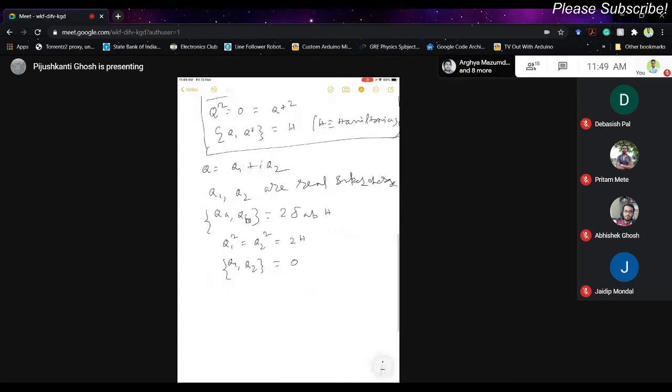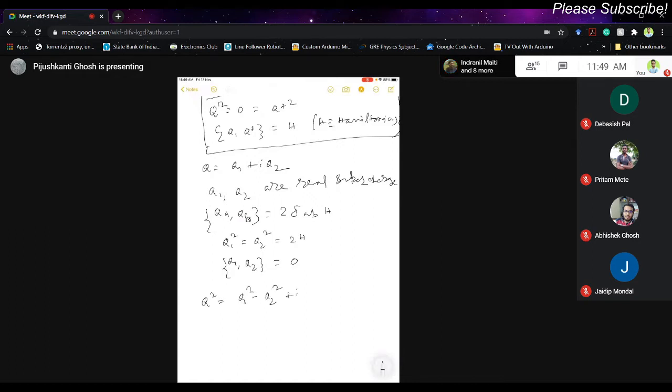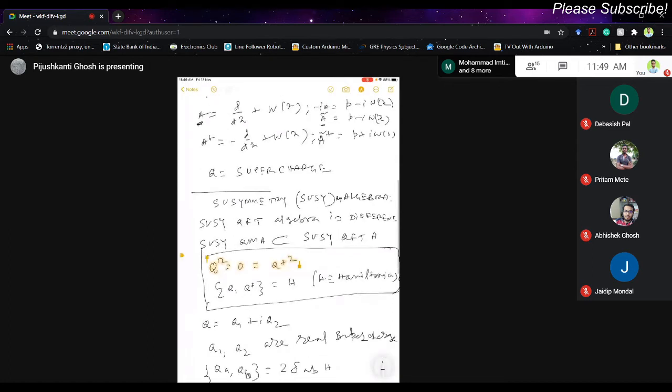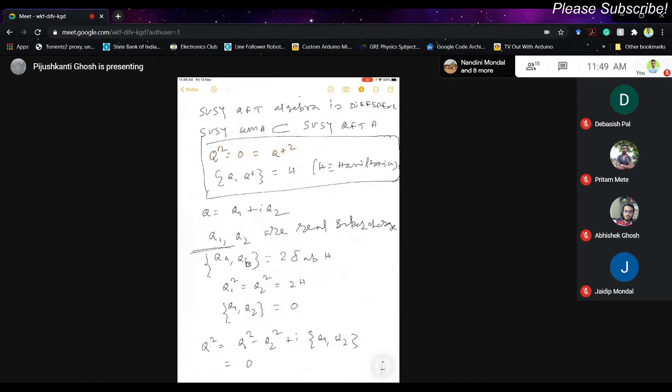Now you can see that Q squared is Q1 squared plus i times Q1 Q2. For the complex Q, Q squared is equal to 0, Q dagger squared is equal to 0. So if we start from here, I have two real supercharges.